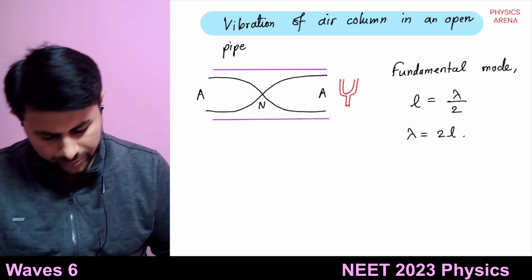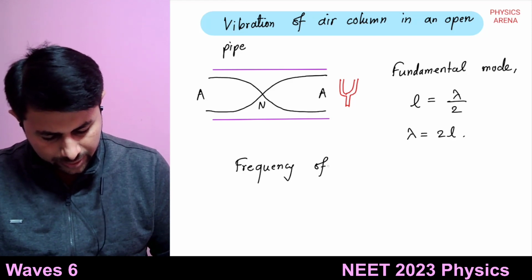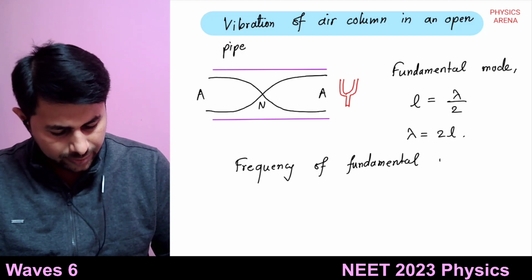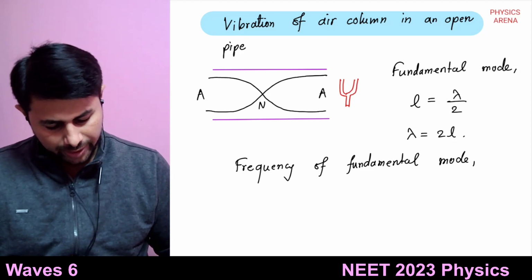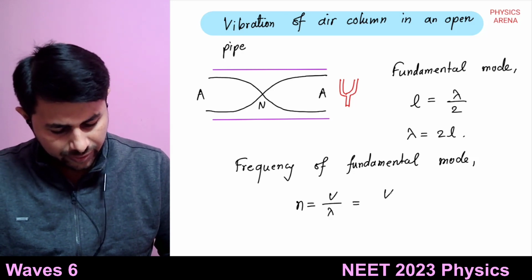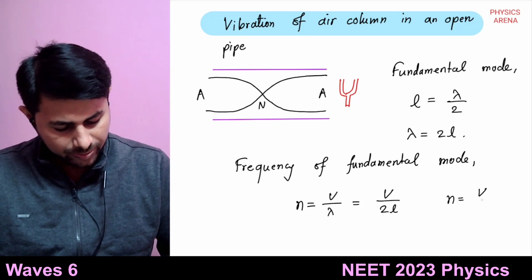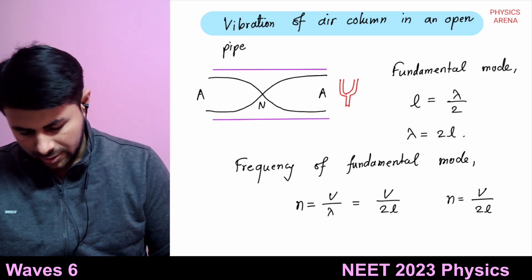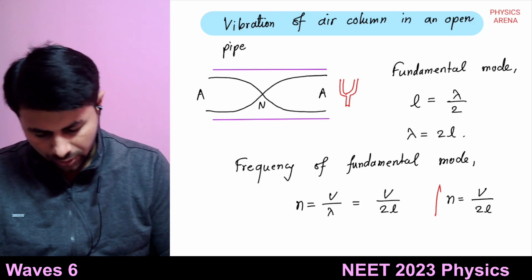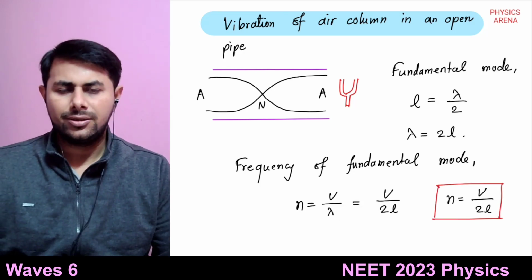Okay, so the frequency of the fundamental mode will be how much? So n is equal to v upon lambda, that is v upon 2L, right? The frequency of the fundamental mode is v divided by 2L. Now if you compare this with the closed pipe of the same length, how much is this frequency?